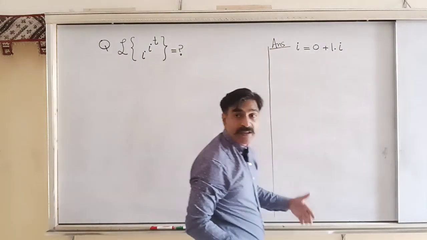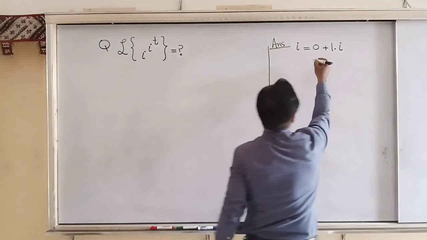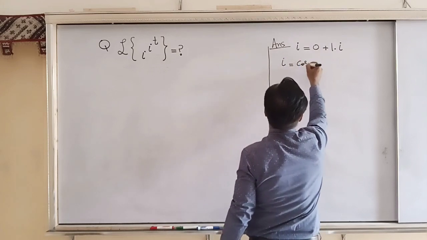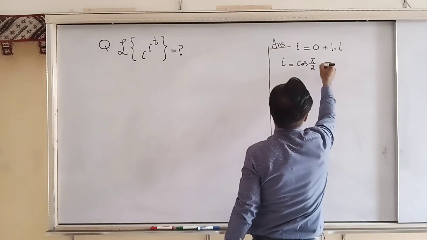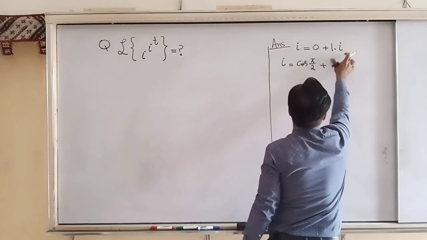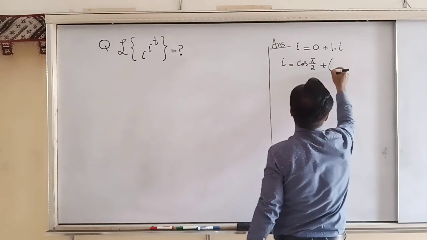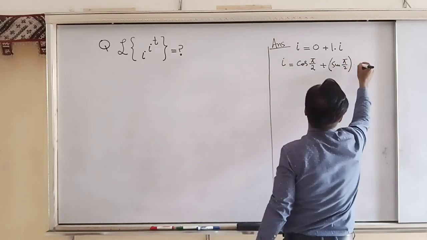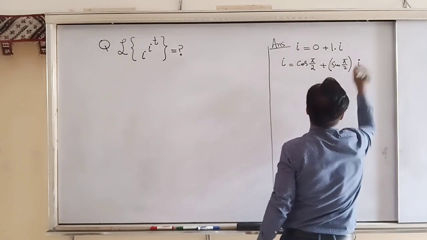Now you can turn it into polar form and it becomes cosine of pi by 2 plus iota times sine of pi by 2.